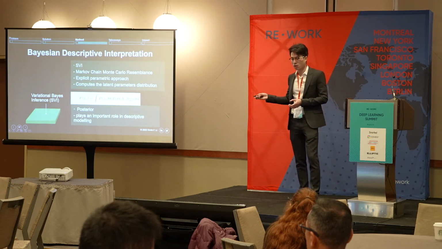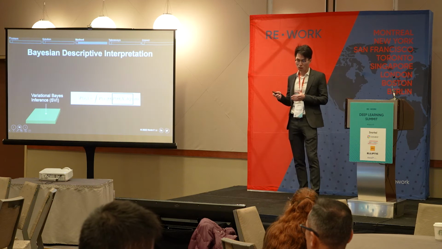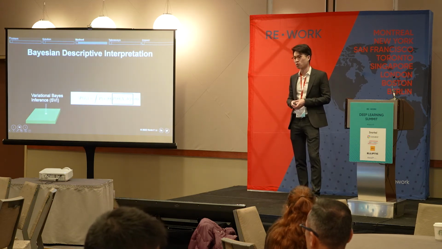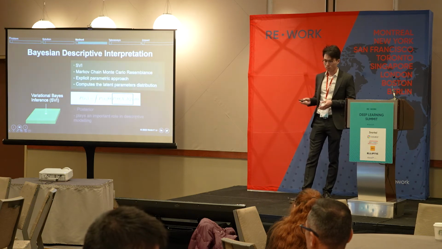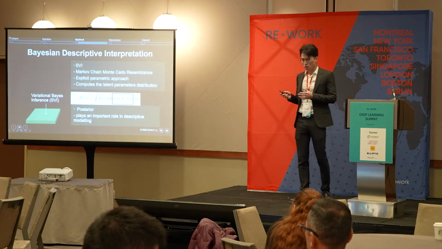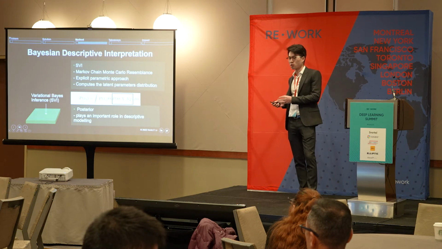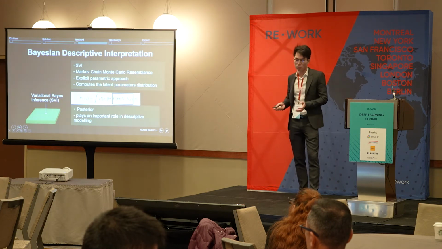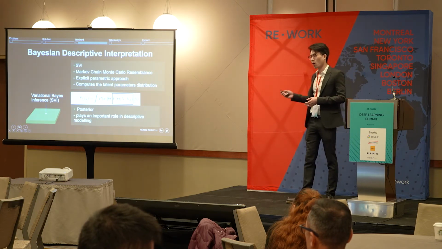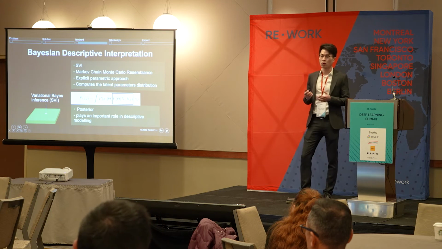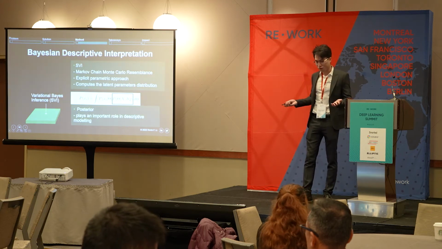The posterior here is the model parameters conditional upon your brain features and your IQ labels. So the focus will be on the posterior because the first term is not too hard to get. The posterior here plays a crucial role in descriptive modeling. So now the problem becomes, how do we solve this posterior?